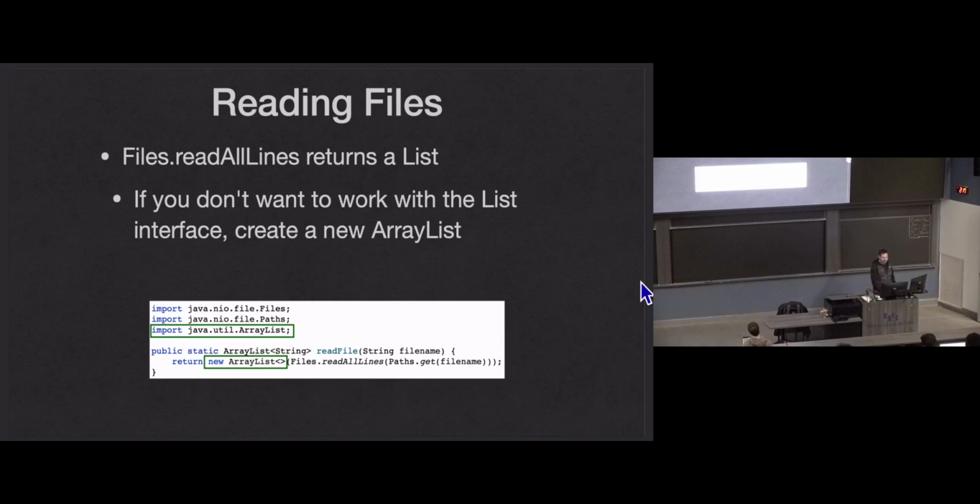But to avoid that entirely, if you don't want to think about lists, if you just want to stick with array list, which I'm completely fine if you want to, create a new array list, and then in the constructor of the array list, you can give it a list, and it'll create an array list with all the data in that list. So then we don't even have to think about that read all lines returns a list. We're just going to wrap it up in an array list and then use array list. So array list for everything, cool.